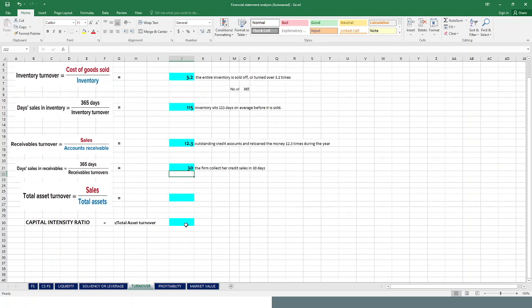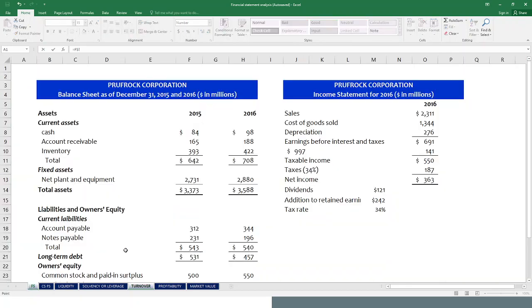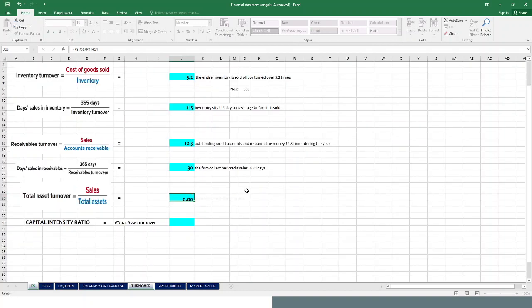So the other type is the total asset turnover, which is the percentage of sales that are generated by total assets. To compute this, it is sales over total assets. This is equals to sales divided by the total assets. This is our total asset. Don't forget we are doing only 2016.